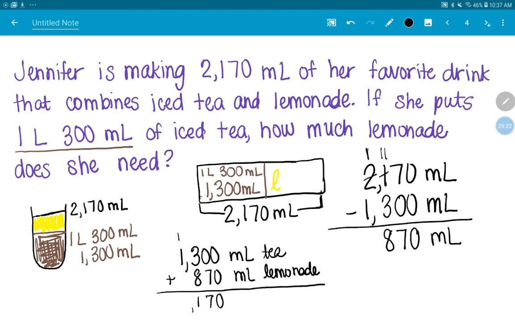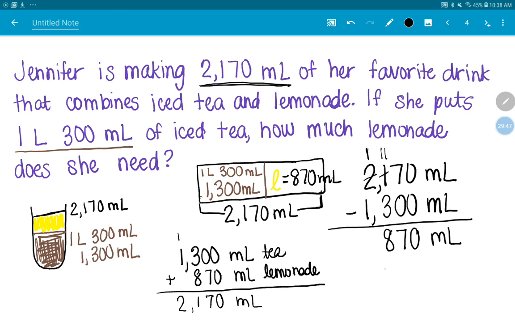I carry the 1. 1 plus 1 is 2. 2,170 milliliters. Is that the original number from our problem? Yes. So the missing part, L, the amount of lemonade, is how much? 870 milliliters. So we wrote 870 milliliters.